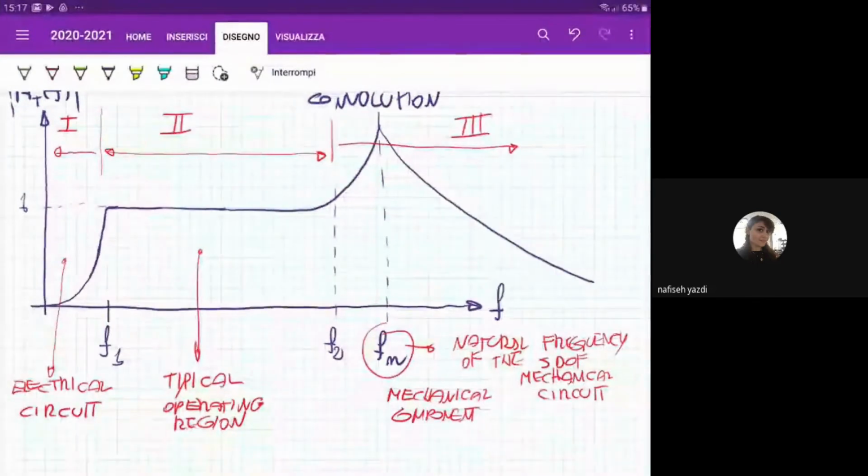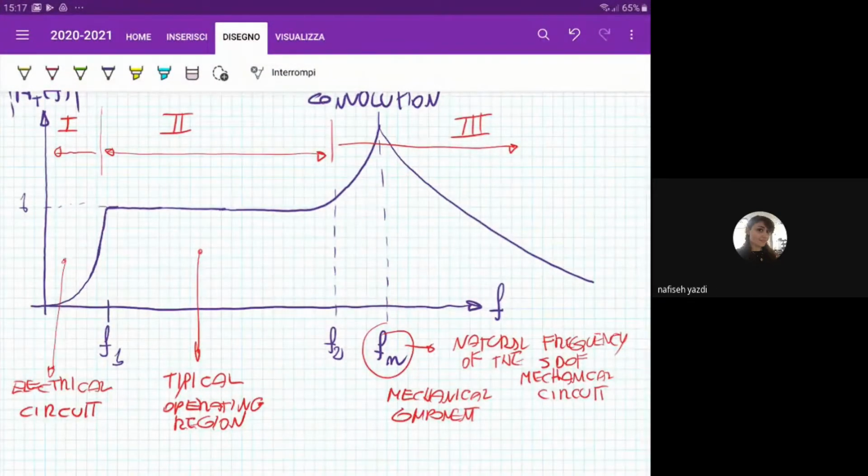What this is doing in your measuring circuit is creating a much higher response than expected. Okay, if your signal is characterized by a frequency that is larger than what I call F2, then the overall response of your transducer is amplifying your responses a lot.